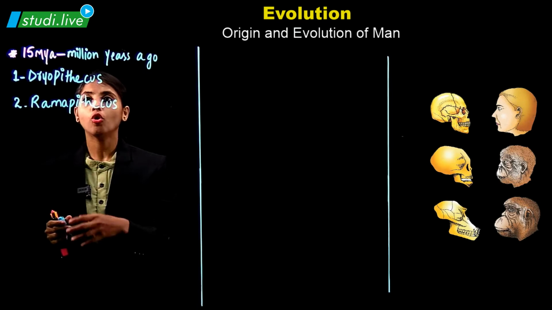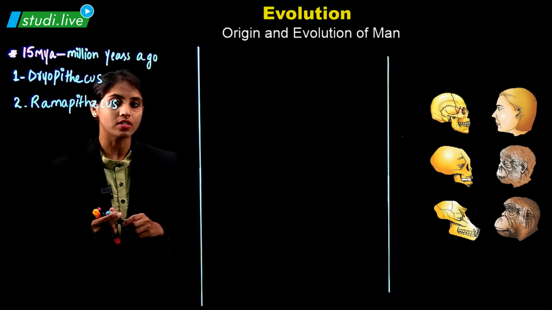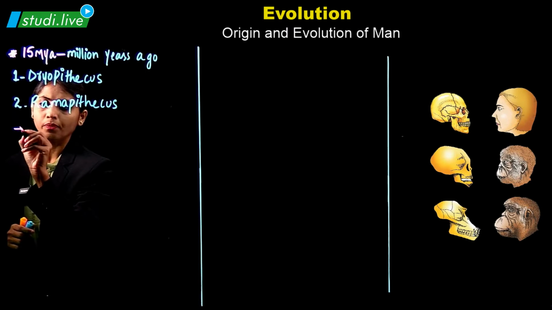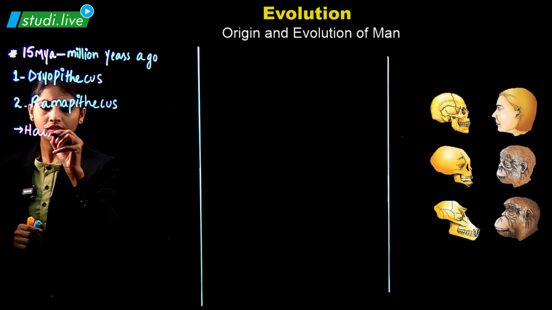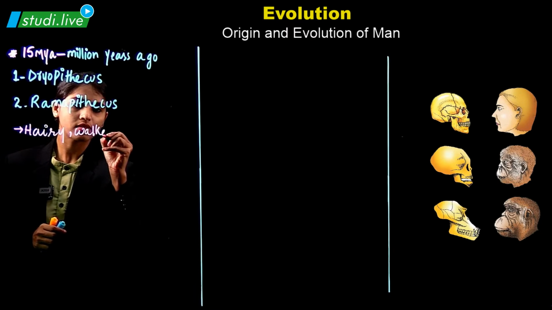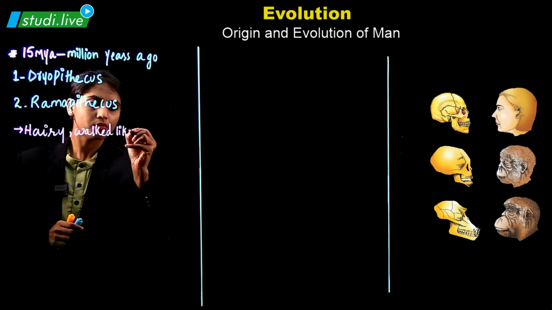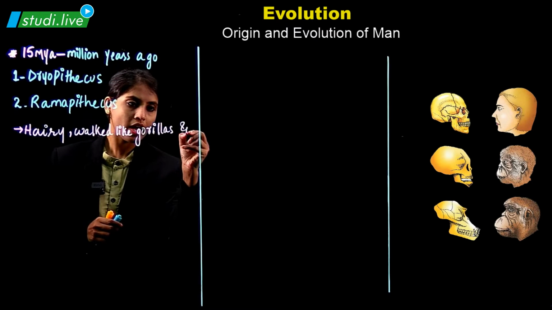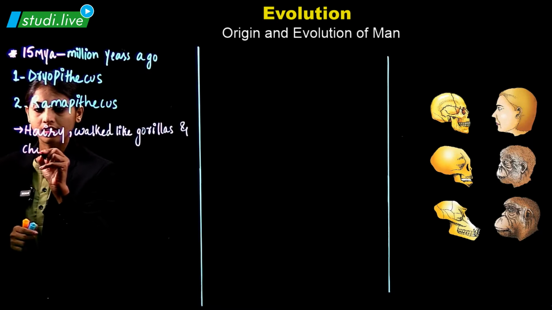So the Dryopithecus and the Ramapithecus both were hairy and walked like gorillas and chimpanzees.